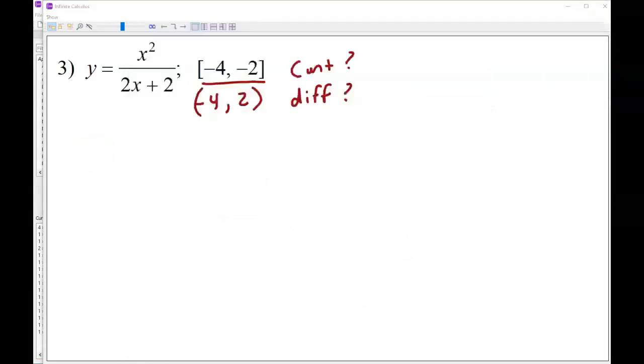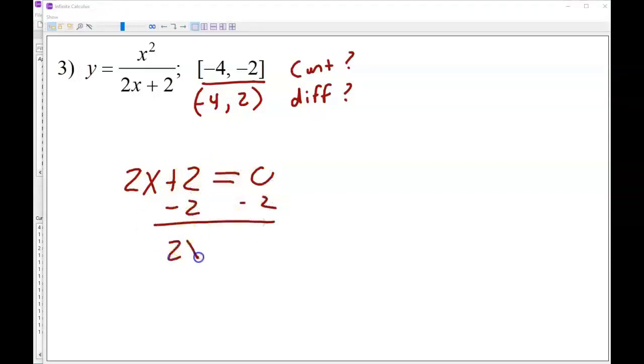So all I know is that 2x plus 2 is not allowed to equal 0. So let's go ahead and solve it and see what x is not allowed to equal. Oops, not negative, my bad. So x equals -1.